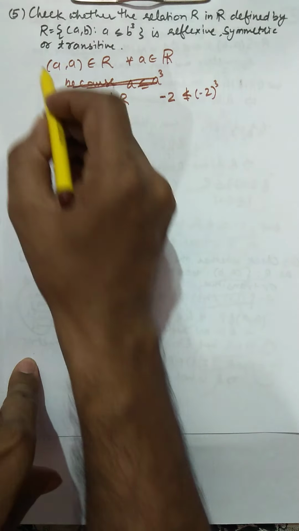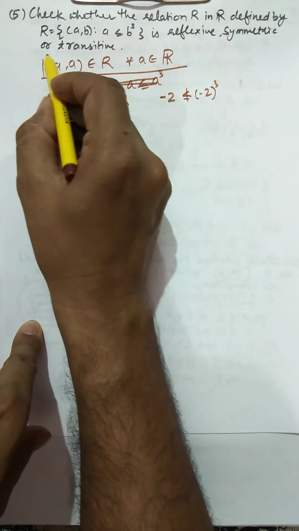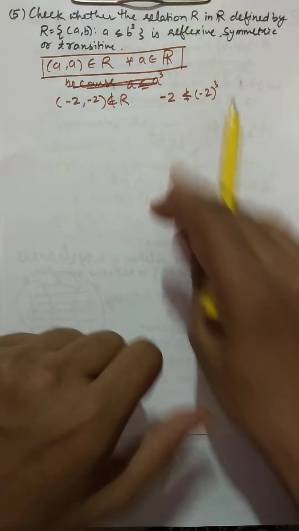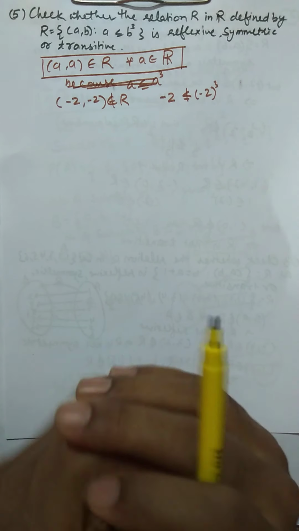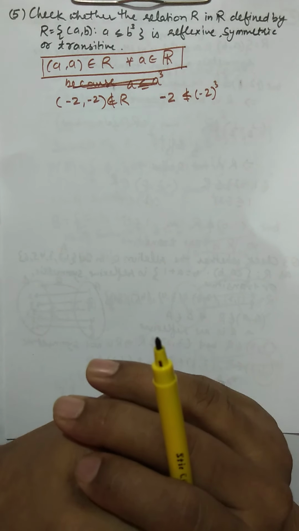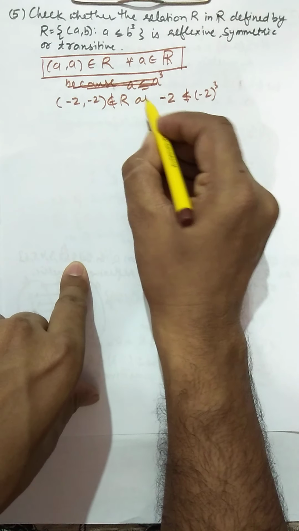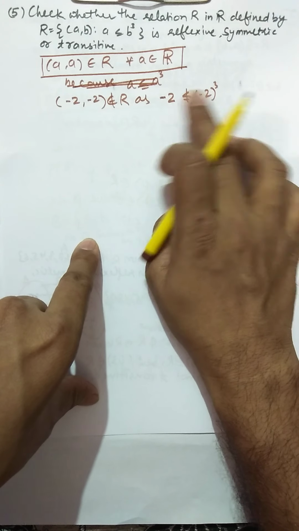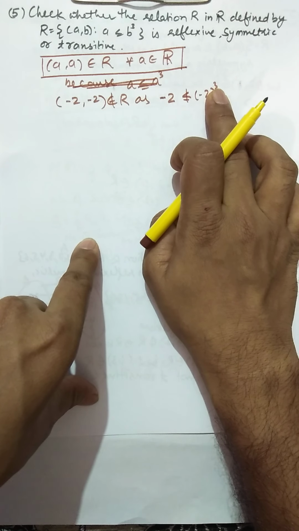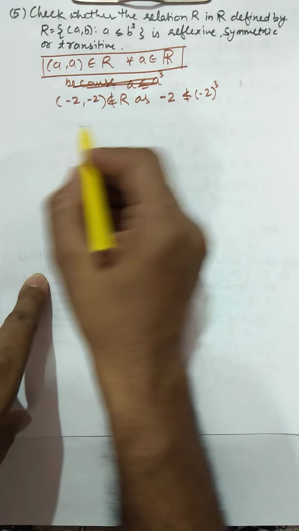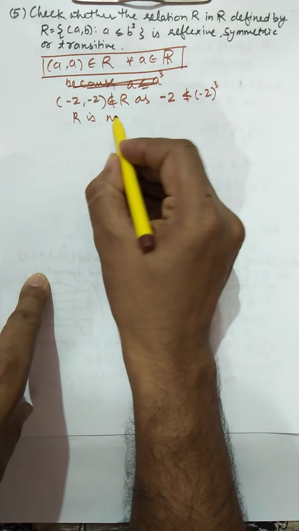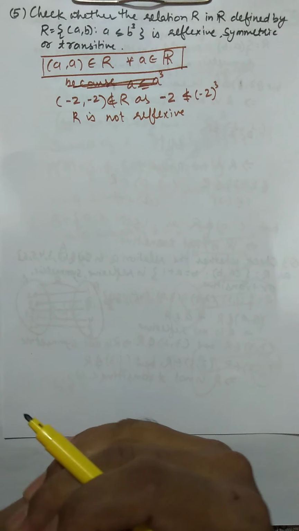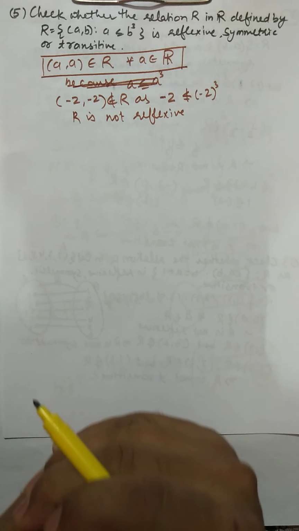So with this example, this is the definition of a reflexive relation. We have got this one example that (-2,-2) does not belong to R, because -2 is not less than or equal to (-2) whole cube. So R is not reflexive. Now we have to think of one example where we can show that this is not symmetric also.